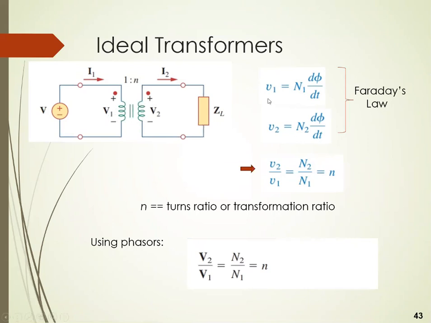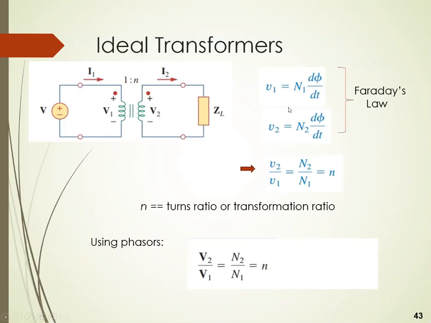The voltage induced by a changing flux with respect to time is equal to that changing flux times the number of turns. Okay, so that's the definition of a voltage induced when you have a changing flux, which depends on the number of turns. That's what defines Faraday's law.